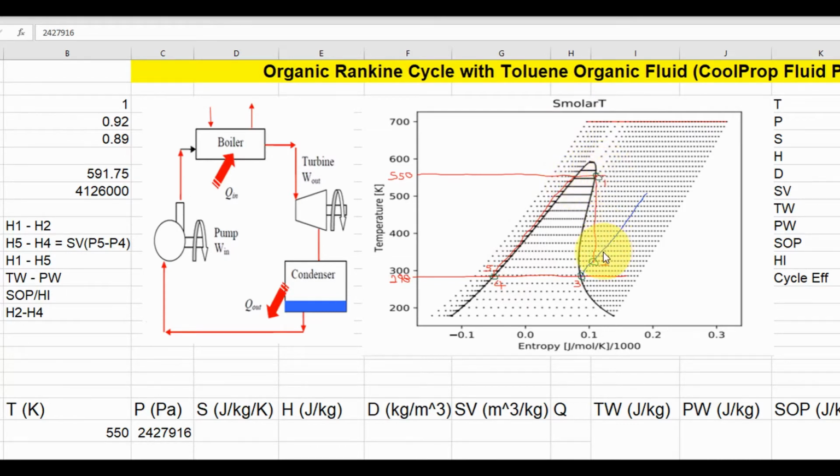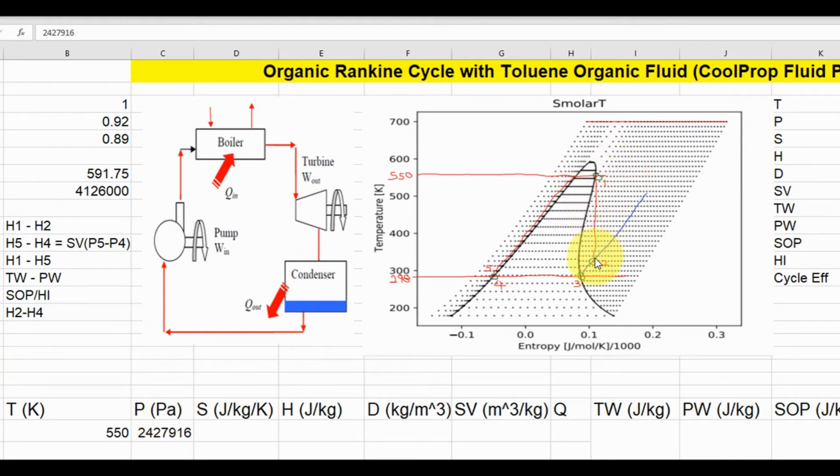From this diagram, the working fluid temperature leaving the boiler or the evaporator is 550 Kelvin, and it goes into the turbine at a dryness fraction of 1. The pressure at this point has been specified to us as 2.4729 megapascal.